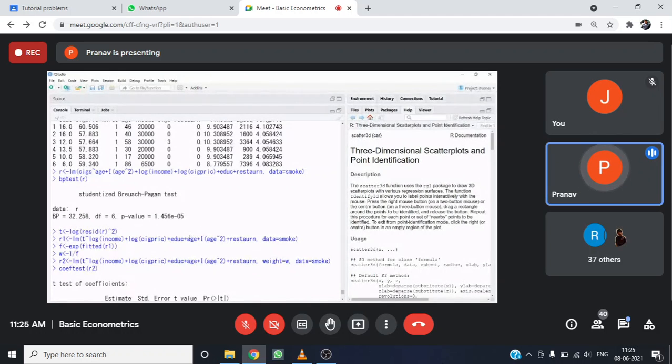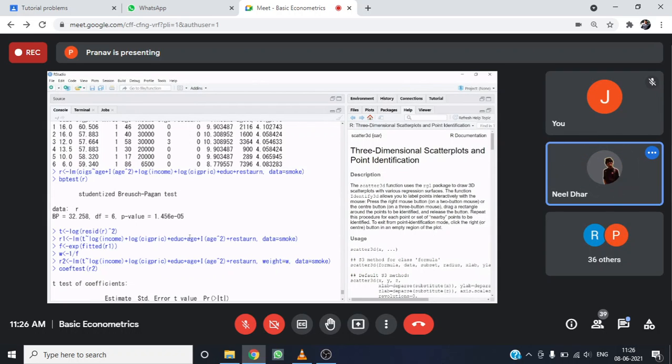So this method of assigning weights is called the generalized least squares method. WLS is just a special case of generalized least squares. In the WLS case you assume the weights, but here, instead of assuming the weight, you decide the weight by running the regression of squared residuals on the explanatory variables. In this case, you need not assume any sort of relationship of the variance with the other regressors in the model.